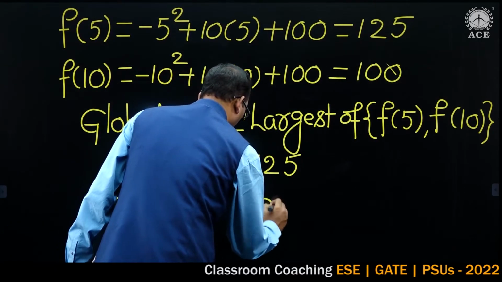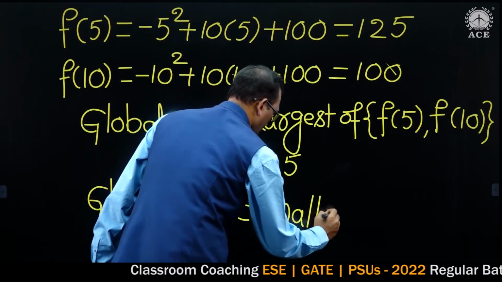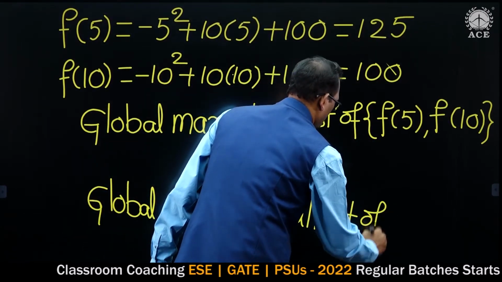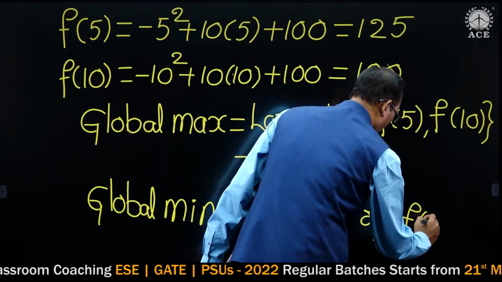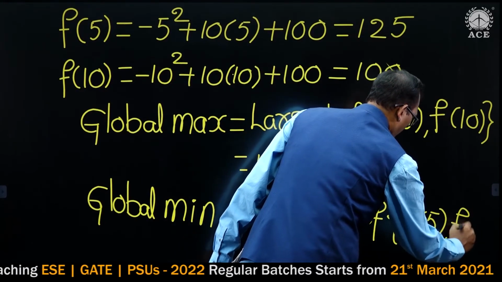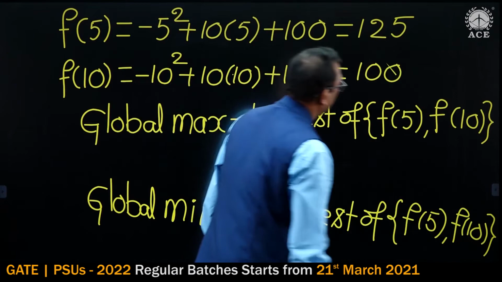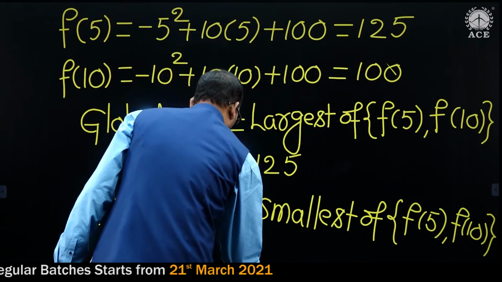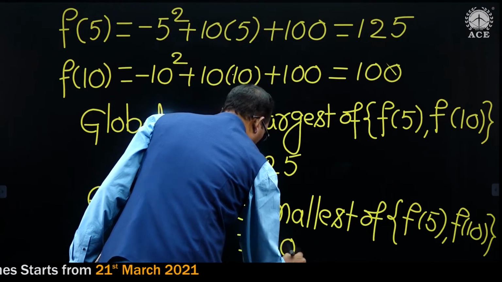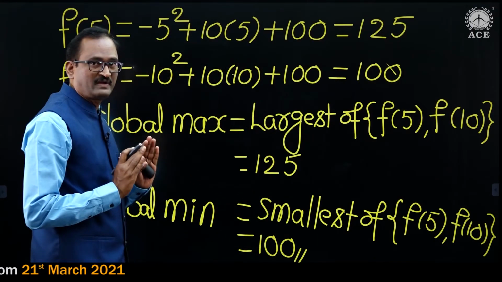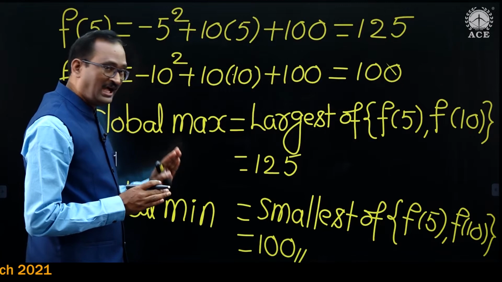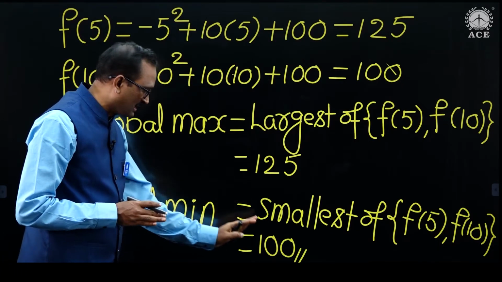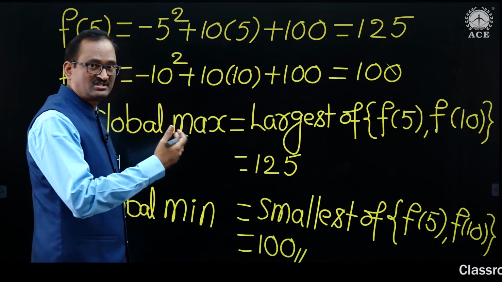Global minimum is equal to smallest of f of 5, f of 10. Smallest value of these two, that is 100. So global minimum is 100. We just need the smallest value, I mean minimum value, that is 100 is the required answer. Let us see the next problem.